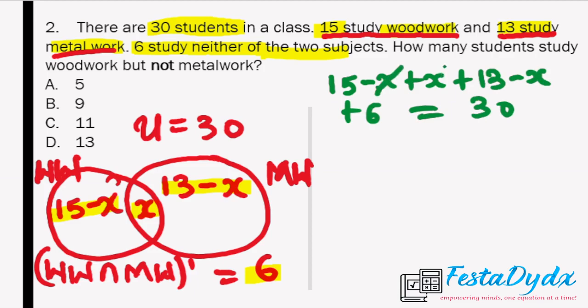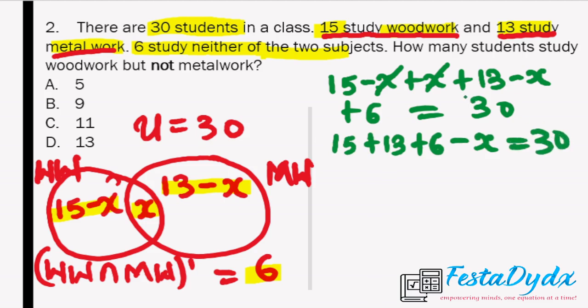Minus x plus x is 0, and then we'll have 15 plus 13 plus 6 minus x equal to 30. What I did was collect like terms, bringing all the numbers together. 15 plus 13 plus 6 gives us 34.